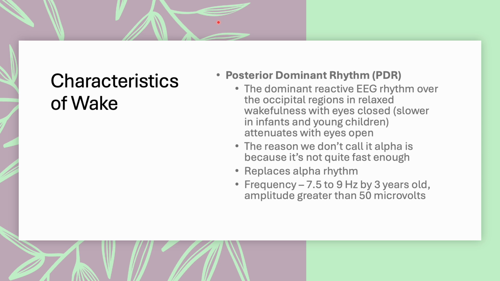Rarely does the PDR in children just show a normal wave. Typically it is intermixed with slower EEG rhythms, including posterior slow waves of youth.